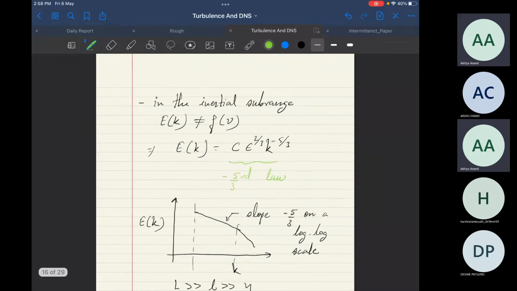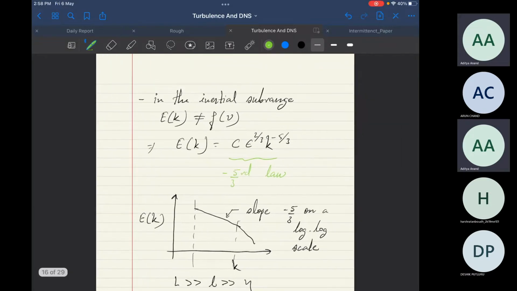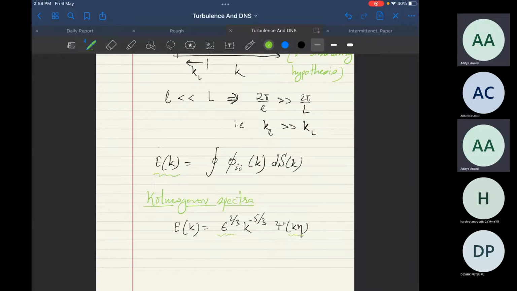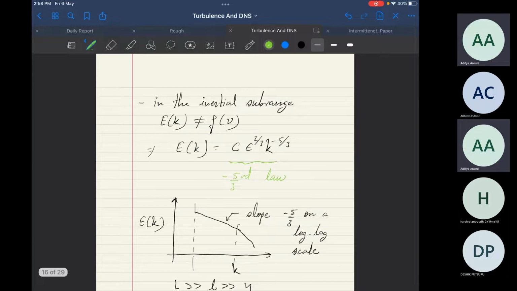Now in the inertial subrange, your E(k) cannot be a function of nu. The functional dependence on nu came through eta, so this function psi will not be there. So your E(k) will become a function of epsilon and k, and in place of that function psi we have this constant c here.